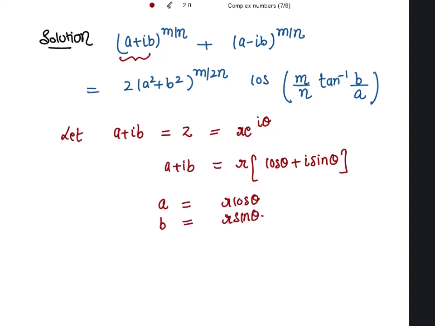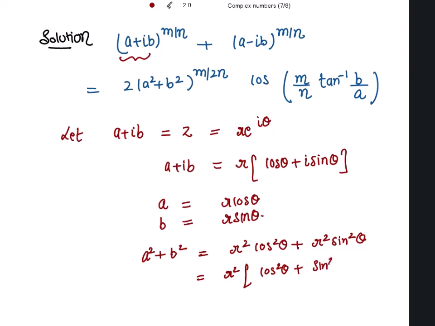If I square both the sides and then add these equations, I will get a square plus b square equal to r square cos square theta plus r square sine square theta. Taking r square common, I get cos square theta plus sine square theta, that is equal to 1.